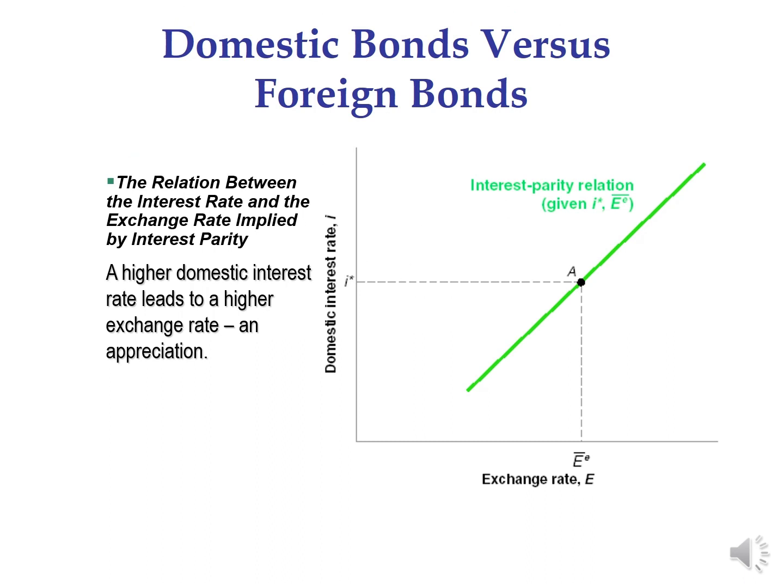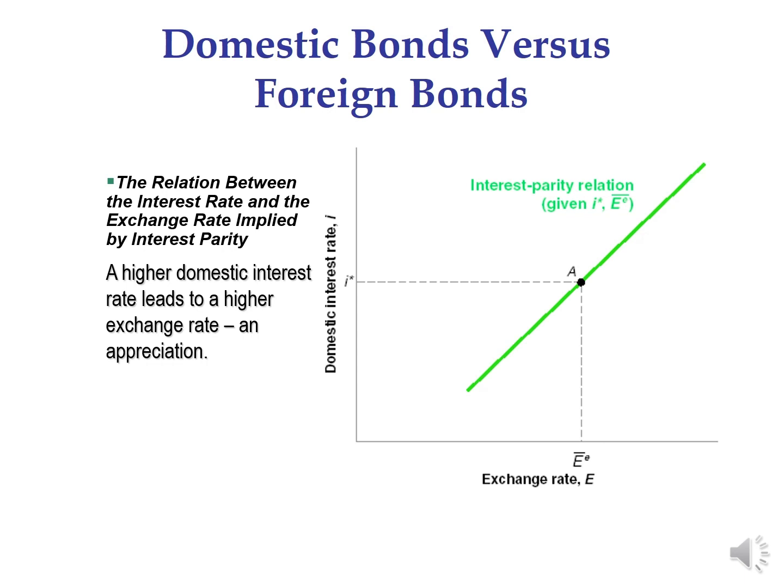In a diagrammatic way, this is the relation between the interest rate and the exchange rate implied by interest parity. A high domestic interest rate leads to a higher exchange rate and appreciation, as in the diagram. On the y-axis we have the domestic interest rate I and on the x-axis we have the exchange rate.